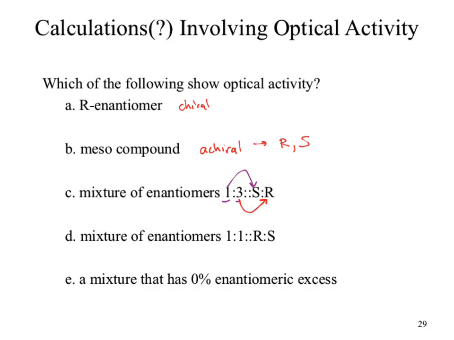Yes. In this case, whichever way the R solution rotates, the bulk of my sample will rotate that direction. The S will cancel out 1 part and I'll have effectively 2 parts R. And so I'll see some rotation accounting for that. Make sense? So that system, that mixture, is chiral.